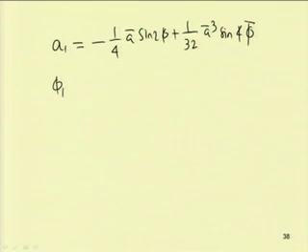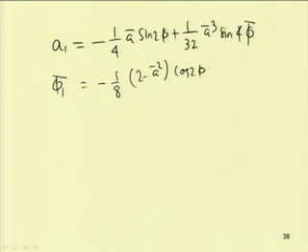Similarly, phi1 bar equal to minus 1 by 8 (2 minus a bar square) cos 2 phi plus 1 by 32 a bar square cos 4 phi.